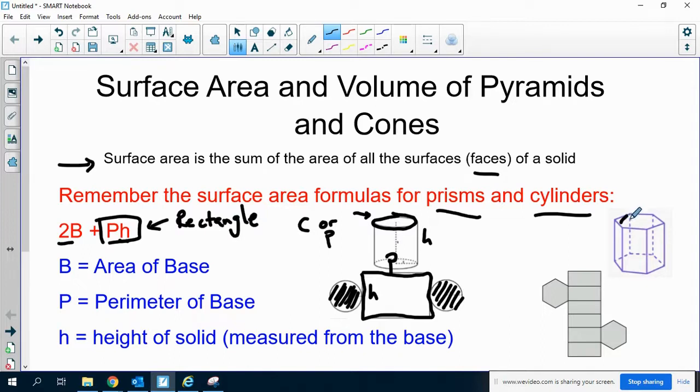Likewise, over here for a hexagonal prism, we have the same situation. We have two bases, so we find the area of two bases. So we would find the area of these hexagons. And then we add that to the area of this rectangle, which is the perimeter of the base times the height of the figure.